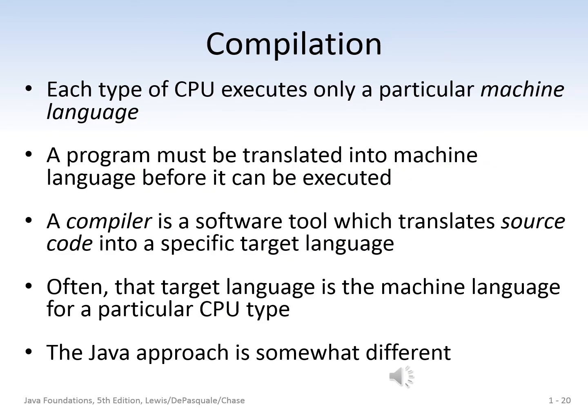Next, we discuss the process of compilation, obviously done by a compiler. A specific CPU executes only a particular machine language. The CPU has an instruction set architecture, and that is the universe of instructions that CPU can execute, and the microarchitecture designed to support that instruction set.